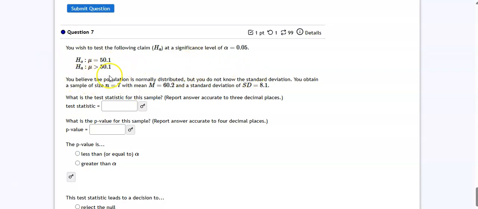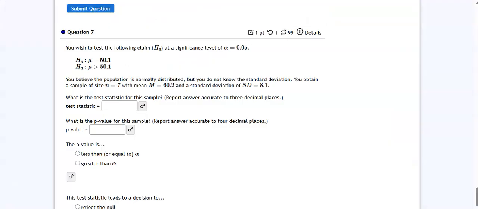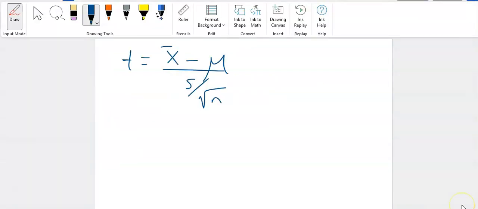Now, on the other hand, what's important to realize here is, here's our test statistic for a t statistic.